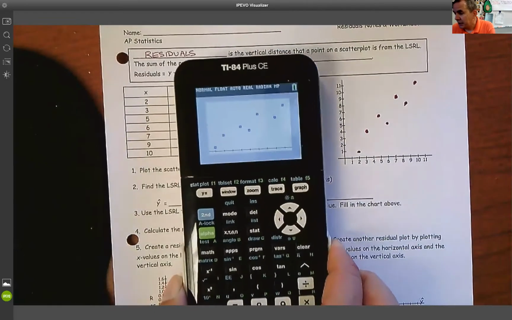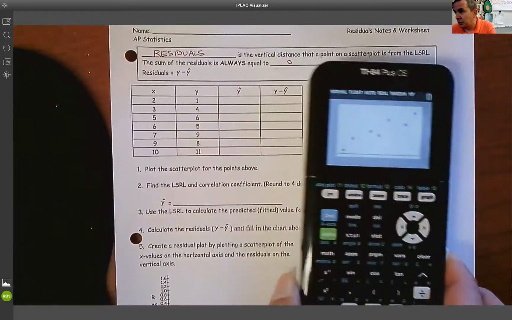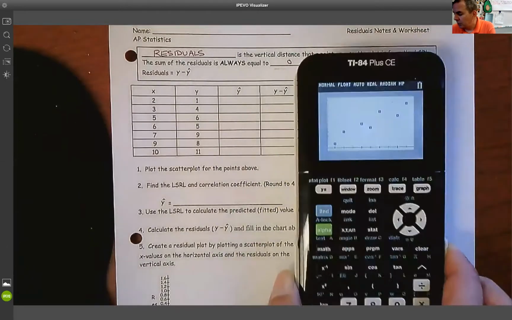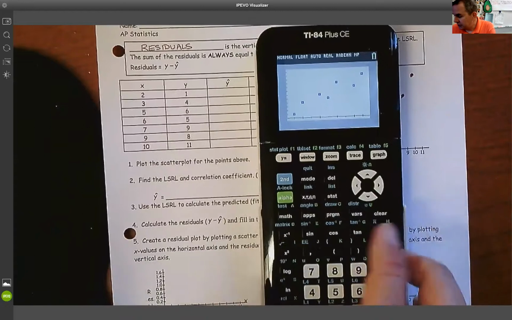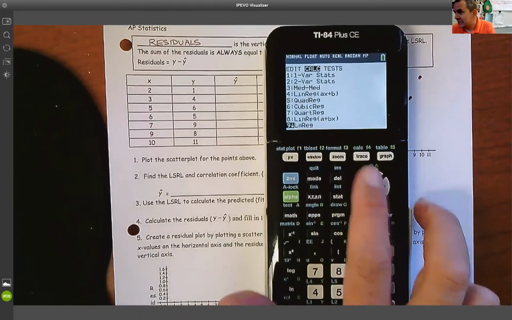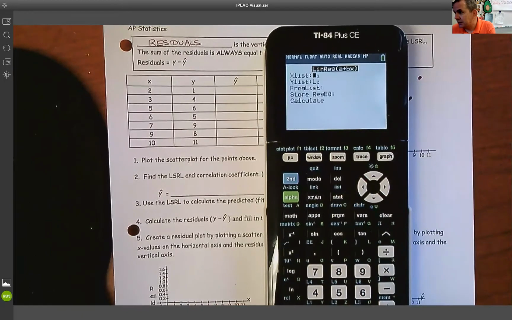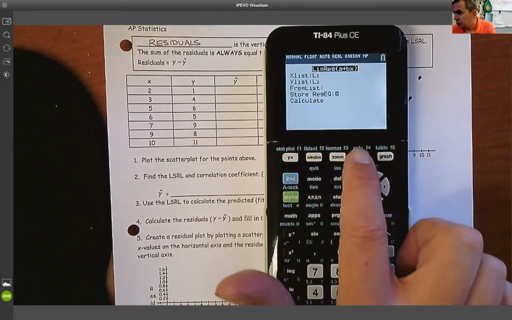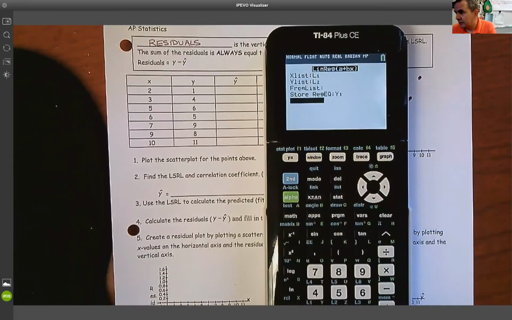Now let's see what the regression equation would be. The way we do that is we go to stat, calc, number 8, LinReg a plus bx. Explanatory in L1, response in L2. Don't worry about the frequency list. Again, I want to store it, so I'm going to do alpha, trace, enter to store it.